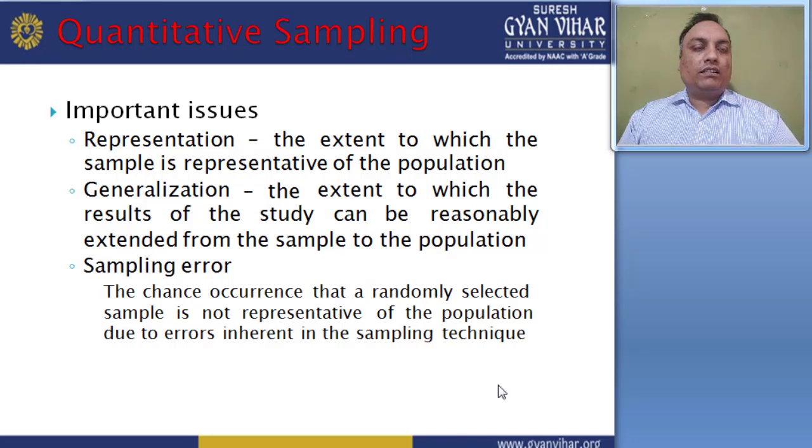These are the quantitative sampling. Quantitative sampling comprises random sampling, block sampling, judgment sampling, and systematic sampling. Some companies use sampling as a marketing tool to identify the needs and wants of their target market.